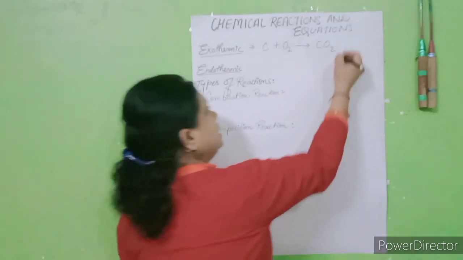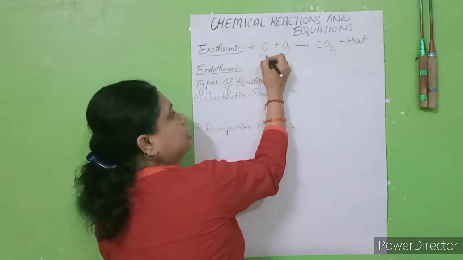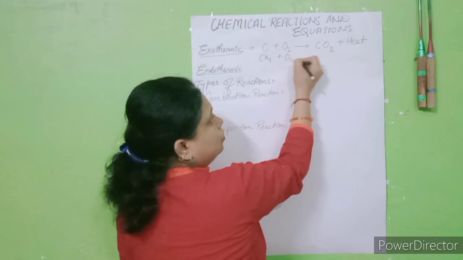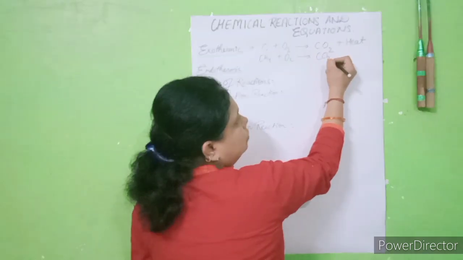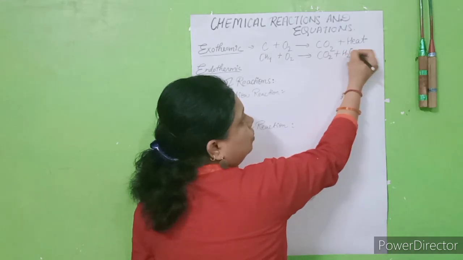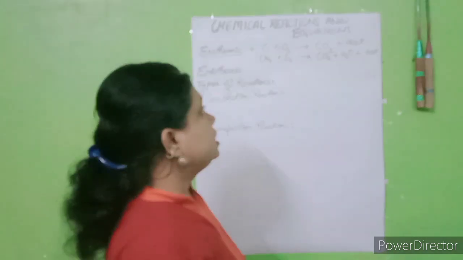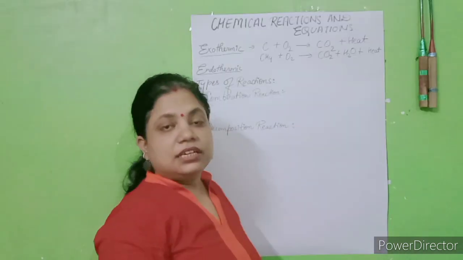CO2 plus heat. Like suppose if I am writing CH4, which is methane gas, plus O2, in the presence of oxygen it burns and forms CO2 plus H2O plus heat. You can see, students, here I write the heat in the product on the right hand side.